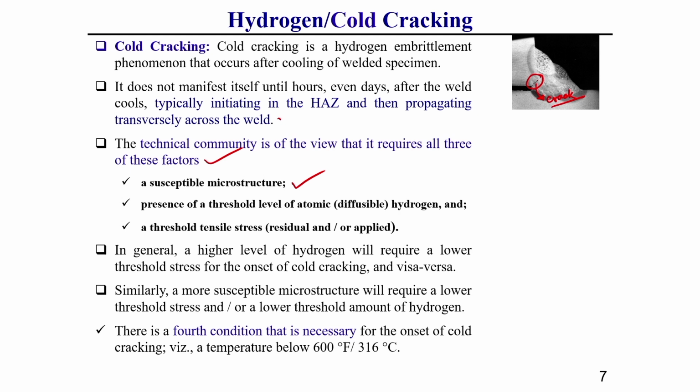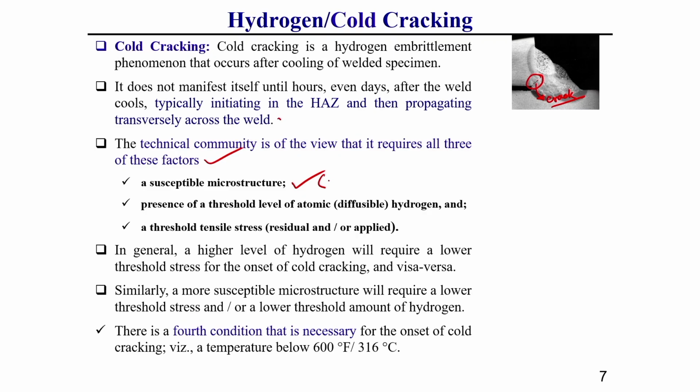This susceptible microstructure is generally a hard microstructure, that is, the microstructure of martensite, which is hard.